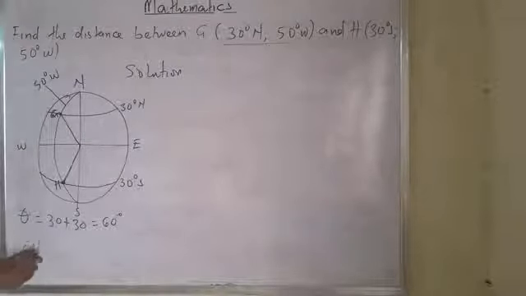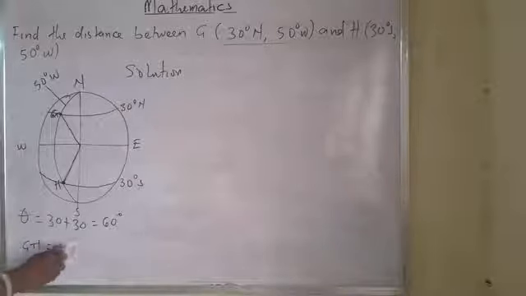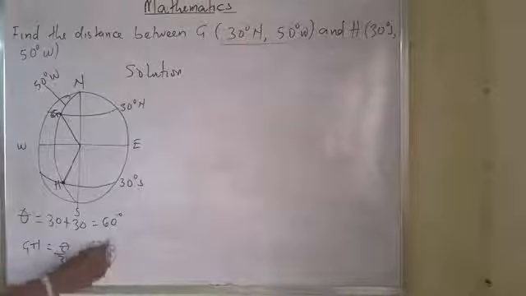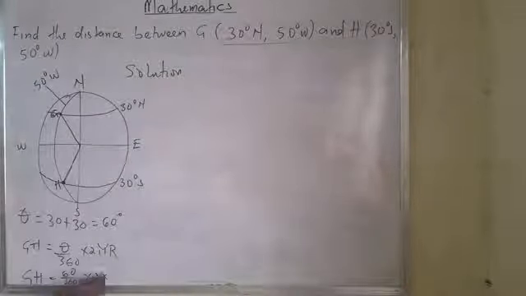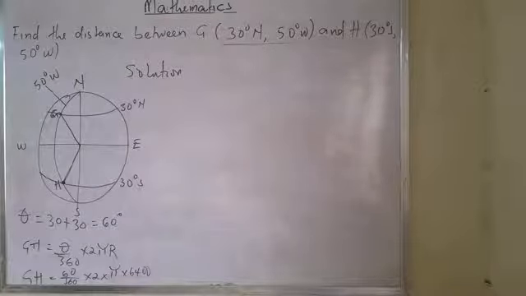My distance HG will be equal to theta over 360 multiplied by 2 pi R, so HG equals 60 over 360 multiplied by 2 multiplied by pi multiplied by 6,400.